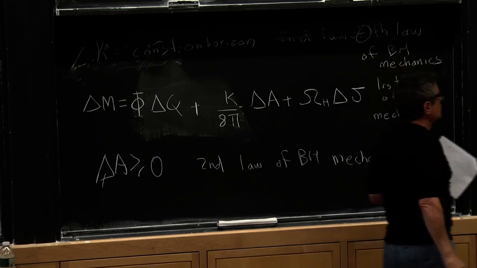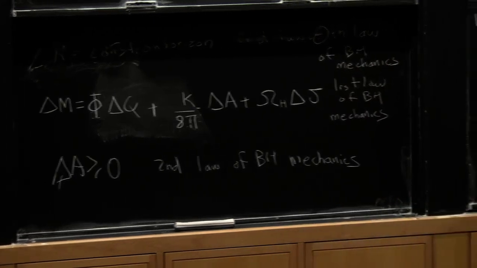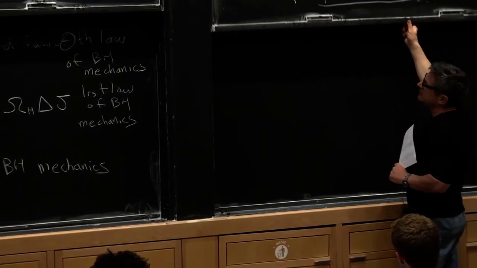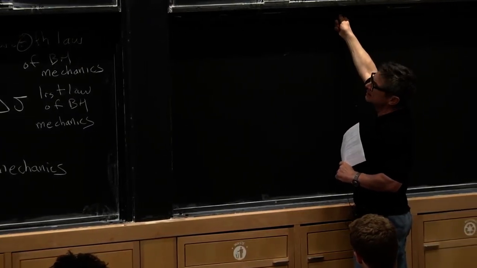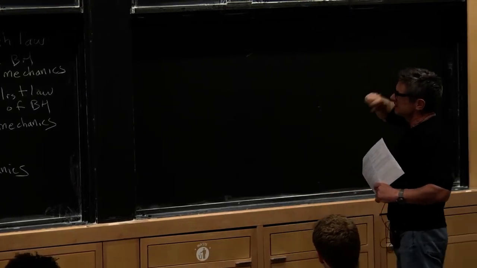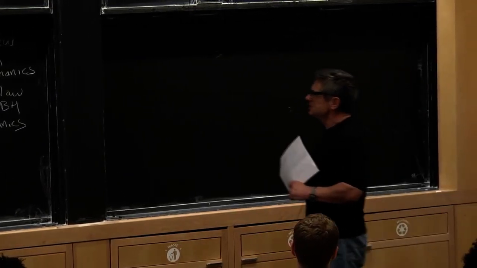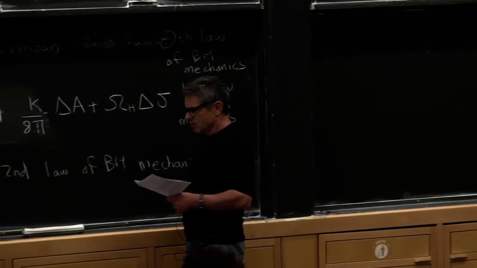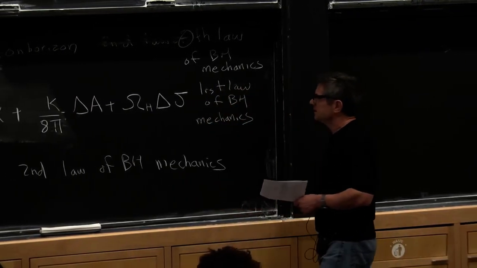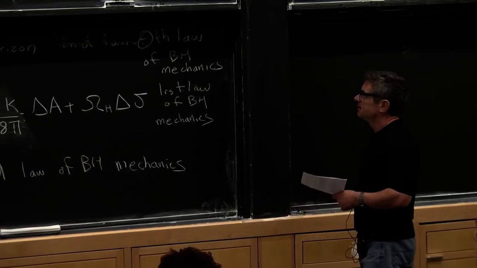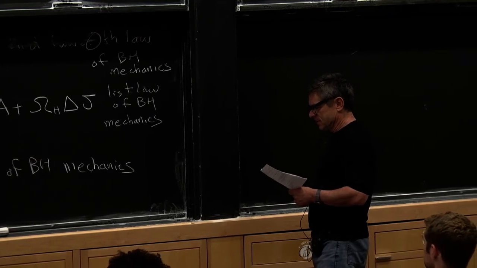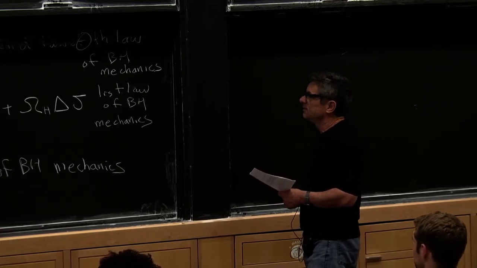And these laws were written down in the early 70s. And it was noticed at that time that they look an awful lot like the laws of thermodynamics. So let me draw them in parallel here.